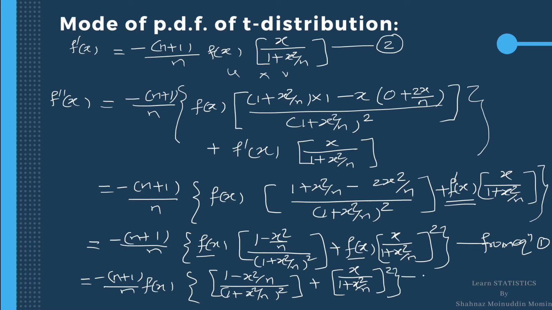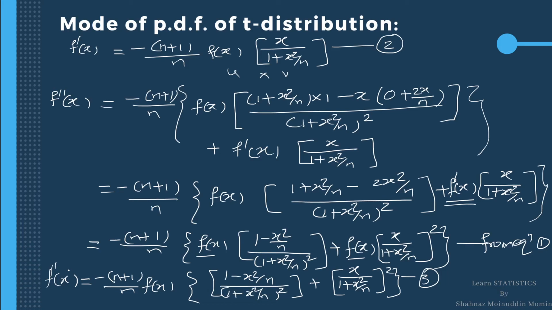This is equation number 3, and it is nothing but the second derivative of the PDF of t distribution. Now in the next step I will substitute the value of x equal to 0 in equation number 3.